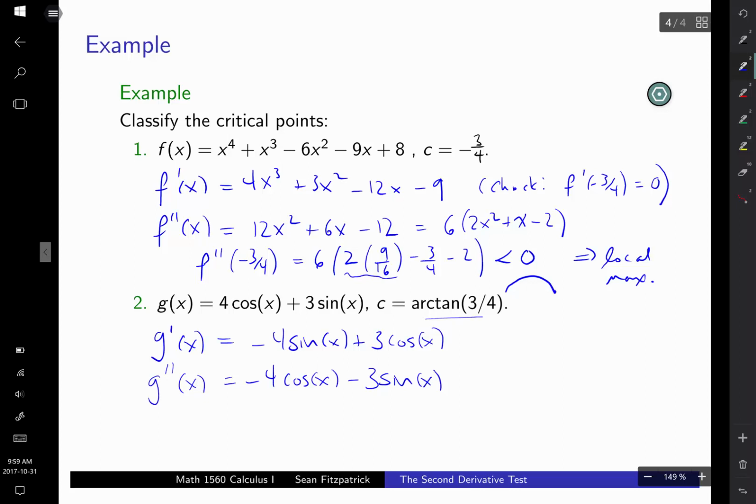And okay, now we have to do a little bit of work, right? Because let's draw a little triangle. C is one of our angles. Tan is opposite over adjacent. The remaining side is 5.